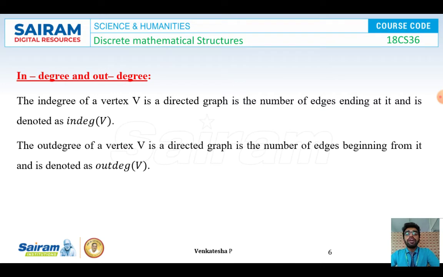The out degree of the vertex v of a directed graph is the number of edges beginning from it. It will be called the out degree of the vertex v. It is denoted by the notation out degree of v. In a simple way, the number of edges moving from the initial vertex will be called the out degree of the particular vertex v.